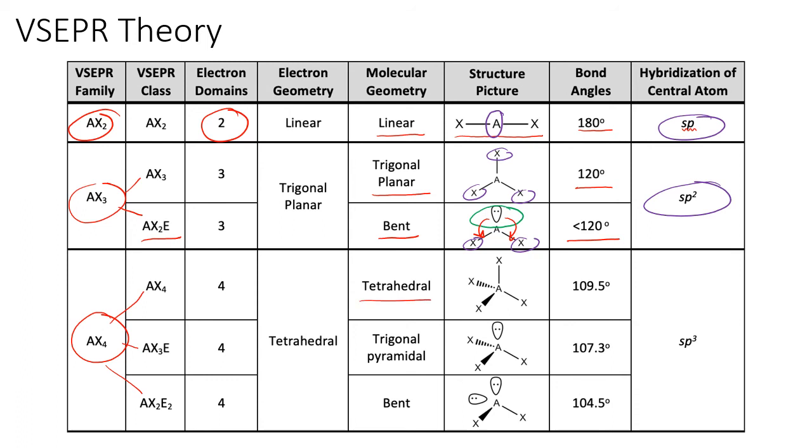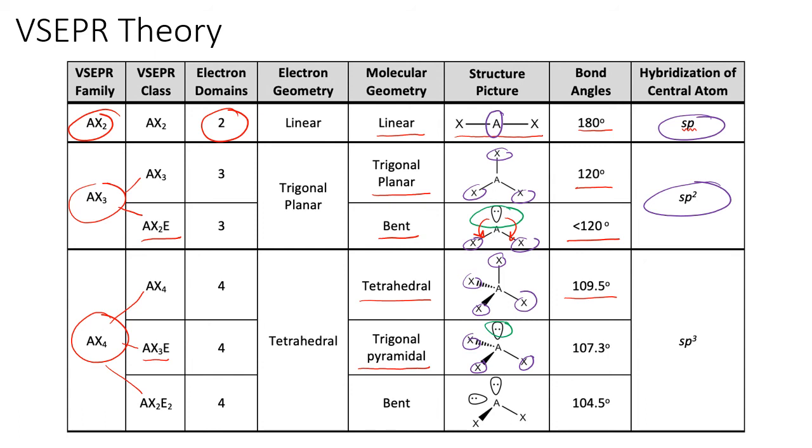AX4 is called tetrahedral, and that's when you have 4 outer atoms bonded to that central atom. The bond angles are 109.5 degrees. If we have AX3E, where one of the bonding pairs has been replaced with a lone pair, we're going to have this situation. We have 3 outer bonding pairs, 1 lone pair, and that's called trigonal pyramidal because the shape kind of resembles a pyramid.